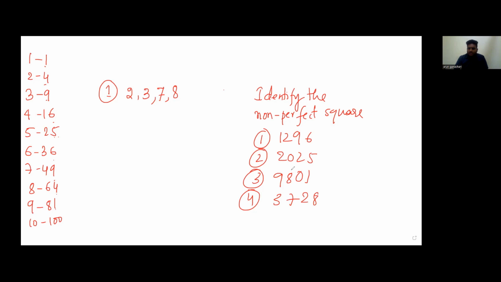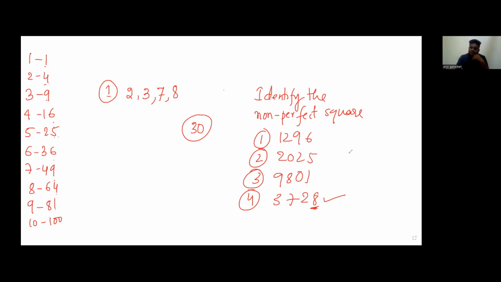Now you don't know the square root of any of these numbers because I have asked you to learn only till 30. Now can you identify which is not a perfect square among these numbers? Fourth option. Why is it option 4th? Because I have told you if your unit digit has 8, 7, 3 or 2, then it is automatically not a perfect square.